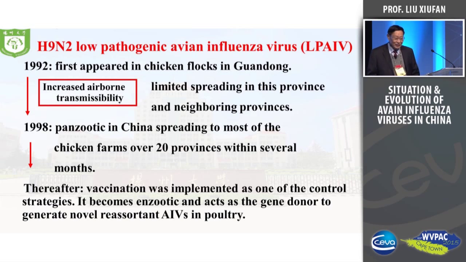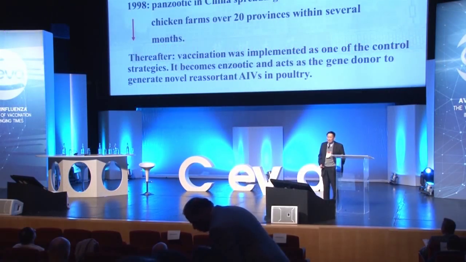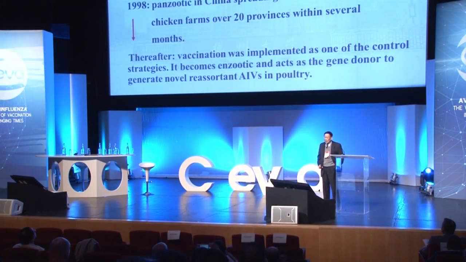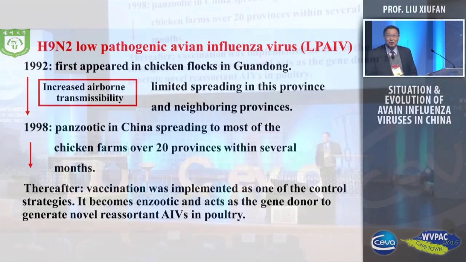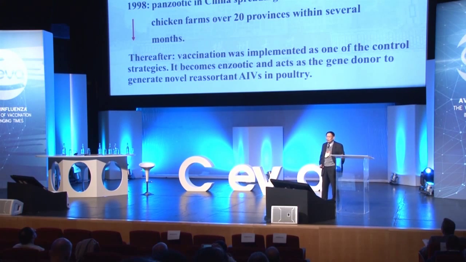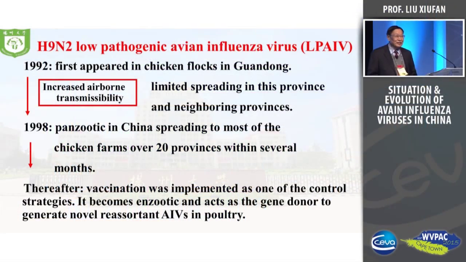But this virus increased its airborne transmissibility and caused the pandemic in 1998, spreading to most of the chicken farms over 20 provinces within several months. Thereafter, vaccination was implemented as one of the control strategies. It became endemic and acts as the gene donor for generating novel reassortant viruses.